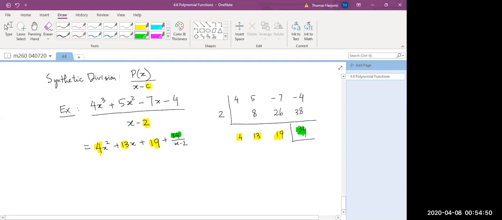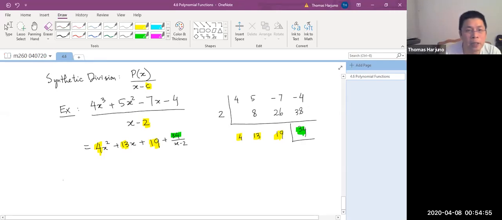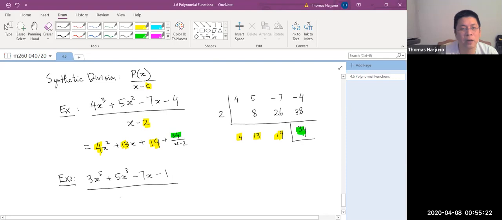Now, I would like you to practice one example. For this example 2, if I have 3x to the 5th plus 5x cubed minus 7x minus 1, all divided by x minus 1.